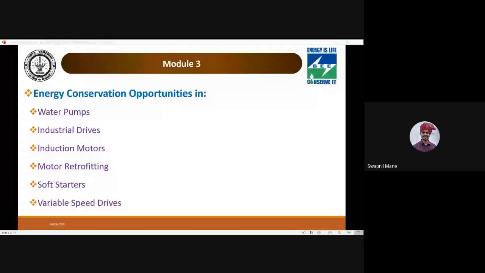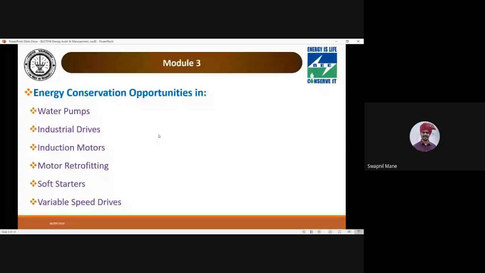Anybody? But what I say is water pumps, you must have come across the water pumps, the normal pump, centrifugal pump, reciprocating pump, right? Some of them.